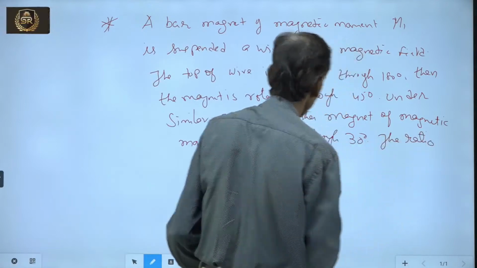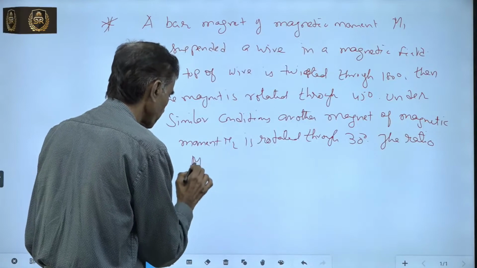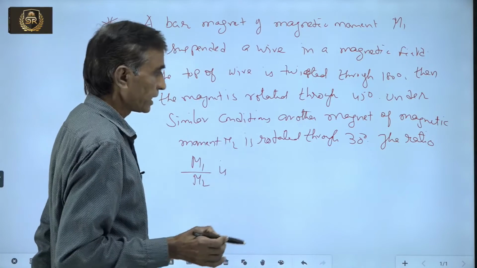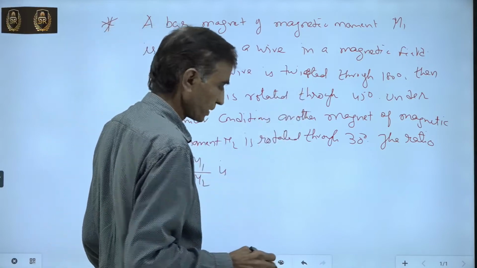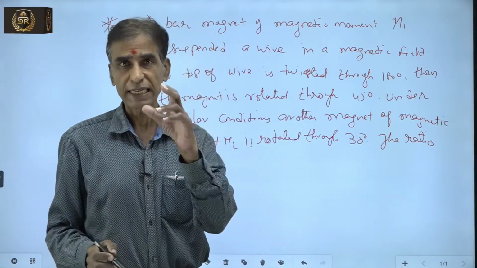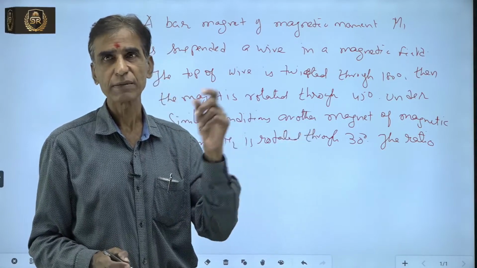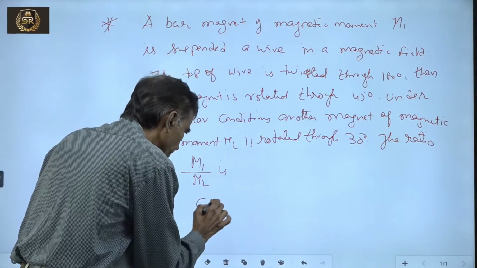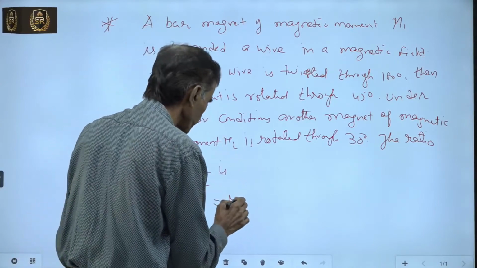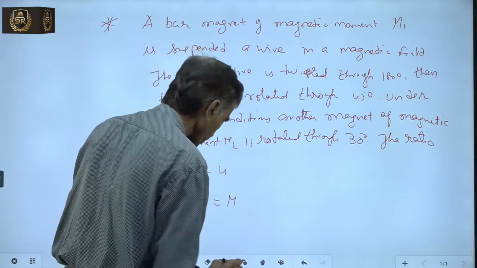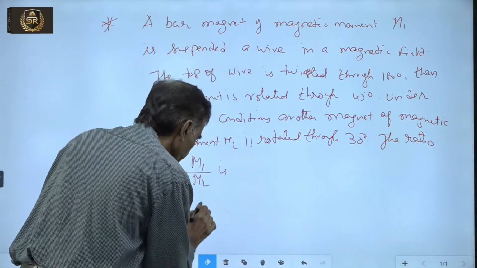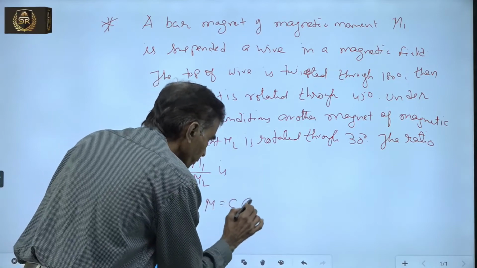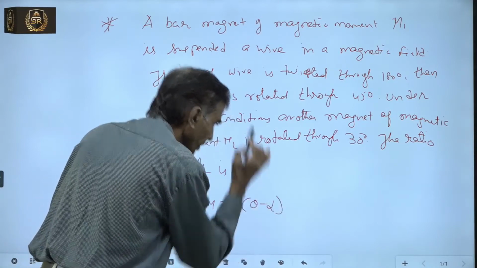So we already have the formula for that, isn't it? Whenever a wire is twisted and the magnet is going to rotate by some angle, we have magnetic moment M equal to C into theta minus alpha.